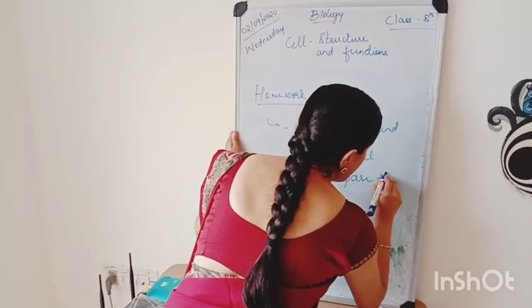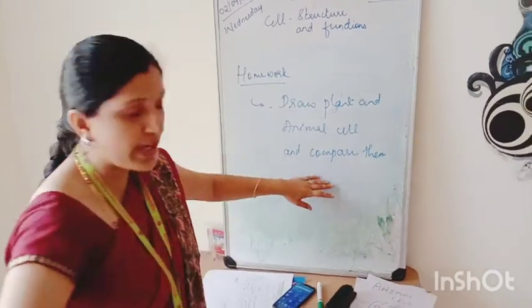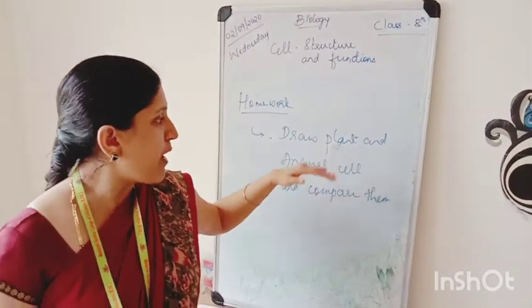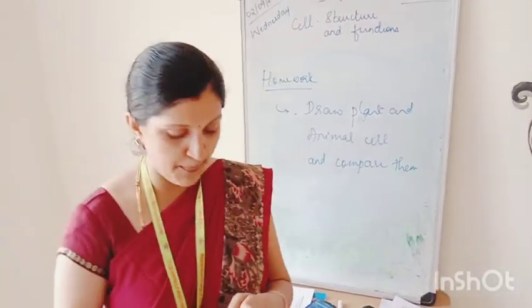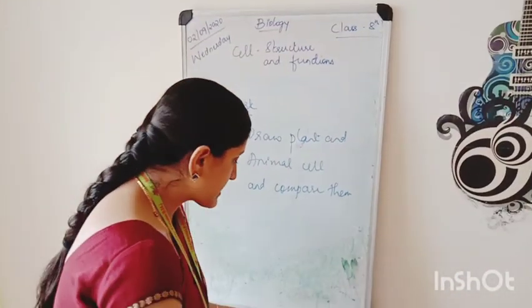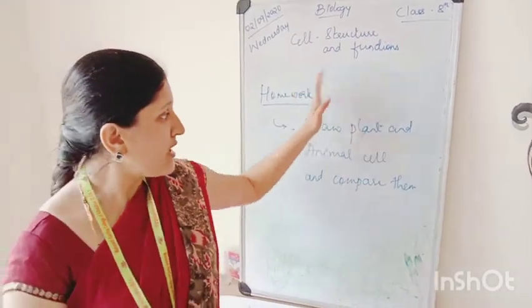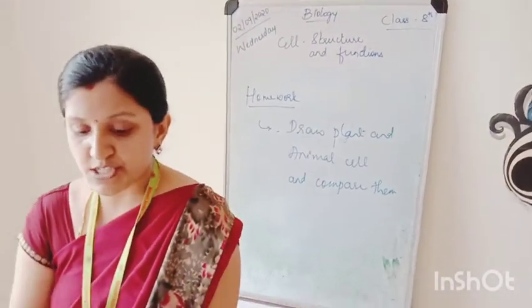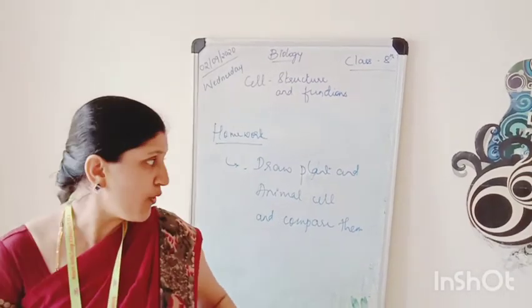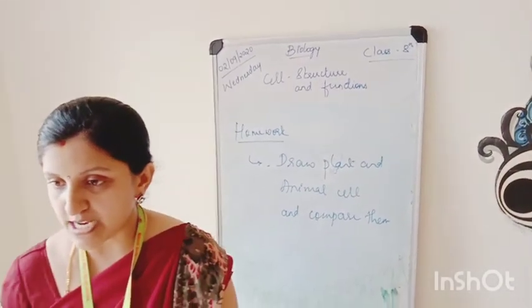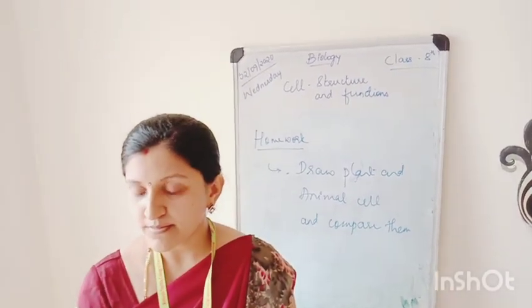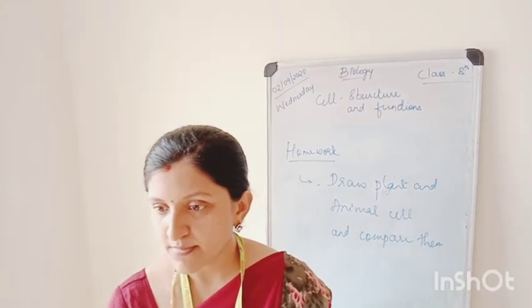You just need to write the difference between plant and animal cell, and draw plant and animal cells separately. Next class we'll discuss this in detail, that is the structural differences we'll look through, and then we'll move on to the next chapter. Thank you. Yes, ma'am.